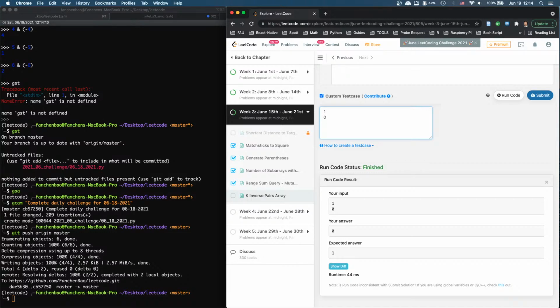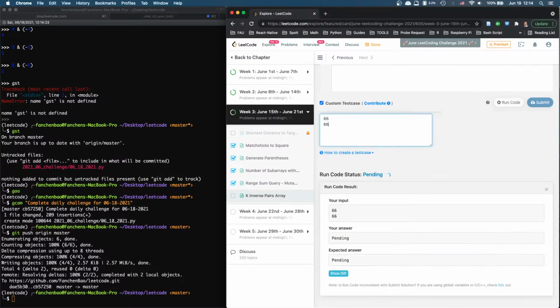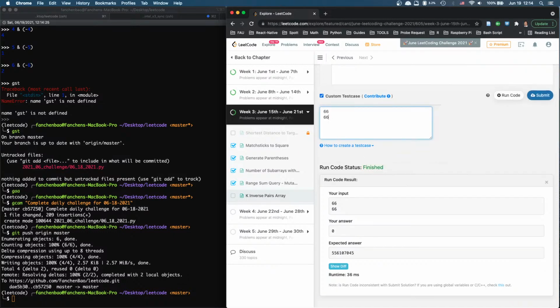Now when it's 2, then that's 0. So when k and n are the same, the answer is going to be 0. That's not correct.